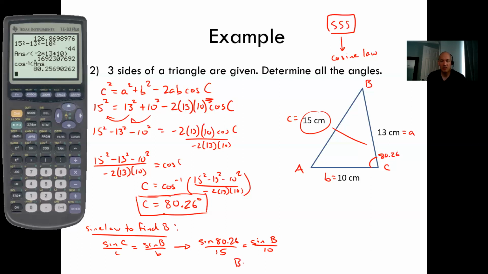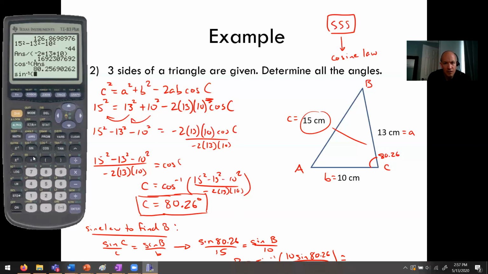Solving this, I'll get B is equal to, so I'm going to move the sine over there, so it's inverse sine of 10 sine 80.26 over 15, and then I should be able to get my answer that way. So I'm going to go inverse sine of 10 times sine of, now I've got 80.25, so I'll actually just use that because that's my answer.